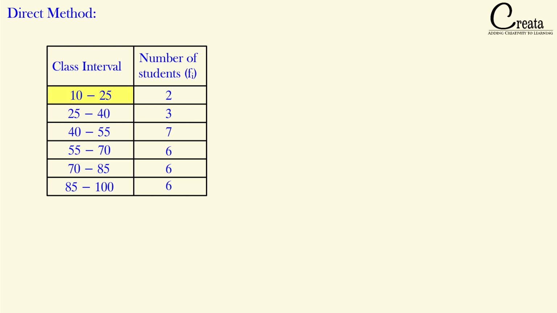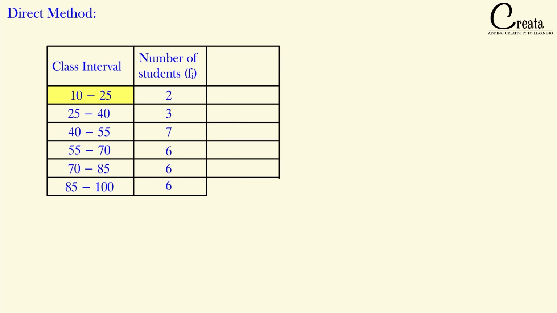For that, we will add one more column. The title of the column is class marks. The range of this class interval is 10 to 25. Here we will calculate the class marks. So how will we do that? We will find the midpoint of that class interval. For example, 10 to 25, what is the midpoint of this class interval?